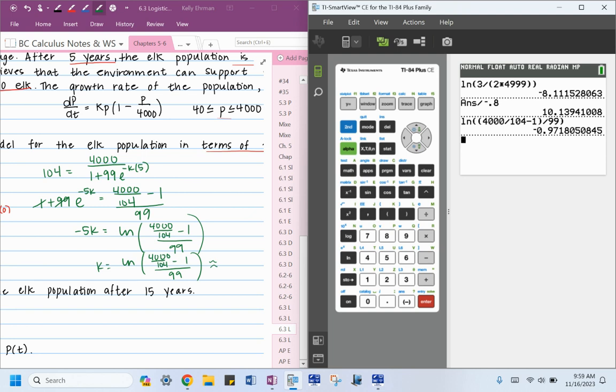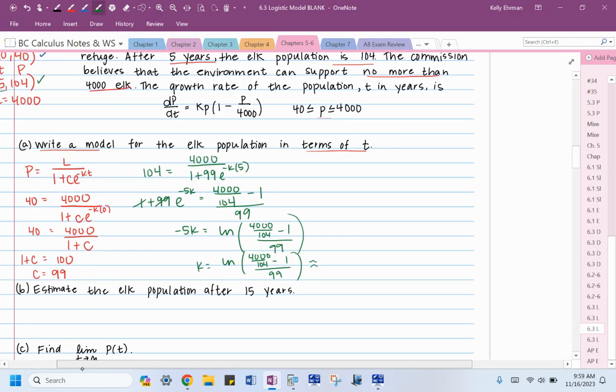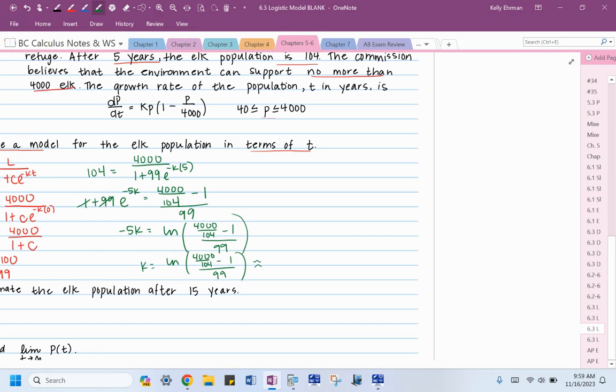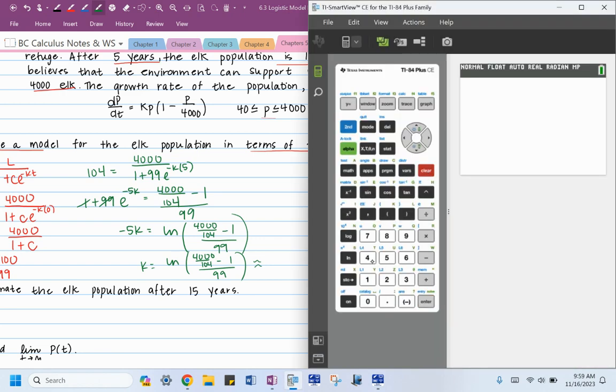And then when we plug that back into our equation, oh no, we can just leave that, sorry, it wasn't asking us to find anything. Hold on, let me do that in steps to make sure this was right. So that was 4,000 divided by 104 minus 1.